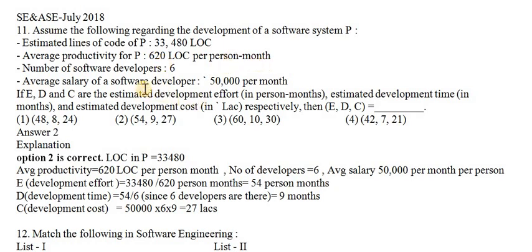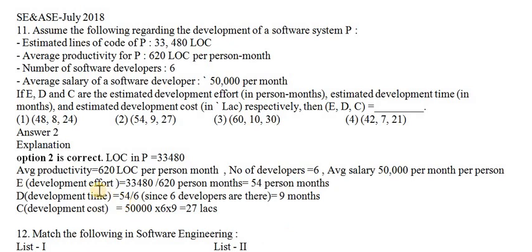Number of software developers here is 6. Now for a month, how many lines of code can they develop? 6 into 620. Now the average salary of a software developer is 50,000 per month. If E, D and C are the estimated development effort in person months, estimated development time and estimated development cost respectively, then what is the actual EDC?